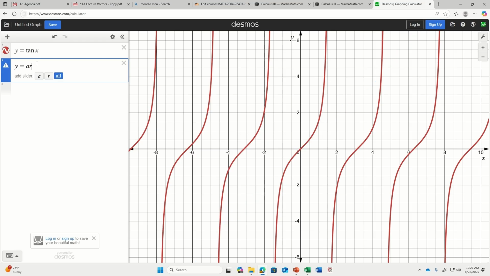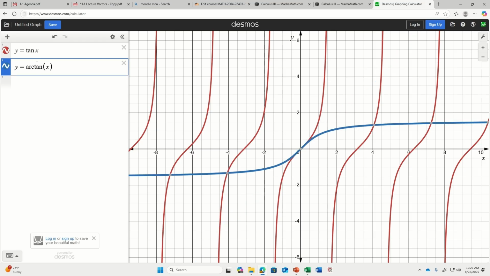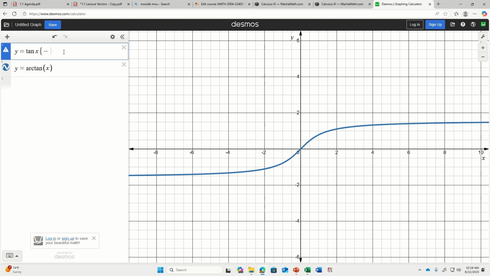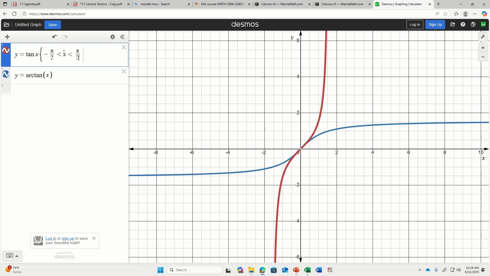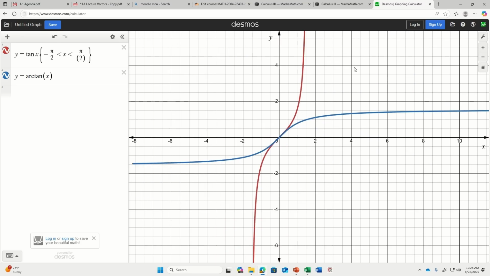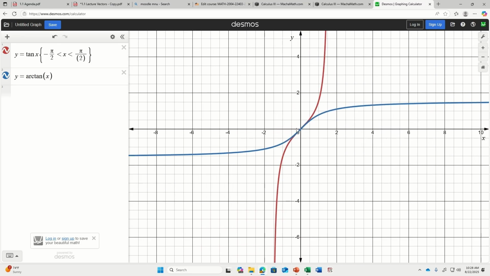So whenever we say the arctangent is the inverse function for tangent, it's really only the inverse function of the principal branch of tangent from negative pi over 2 up to pi over 2. It's really only the inverse of that part in the middle.